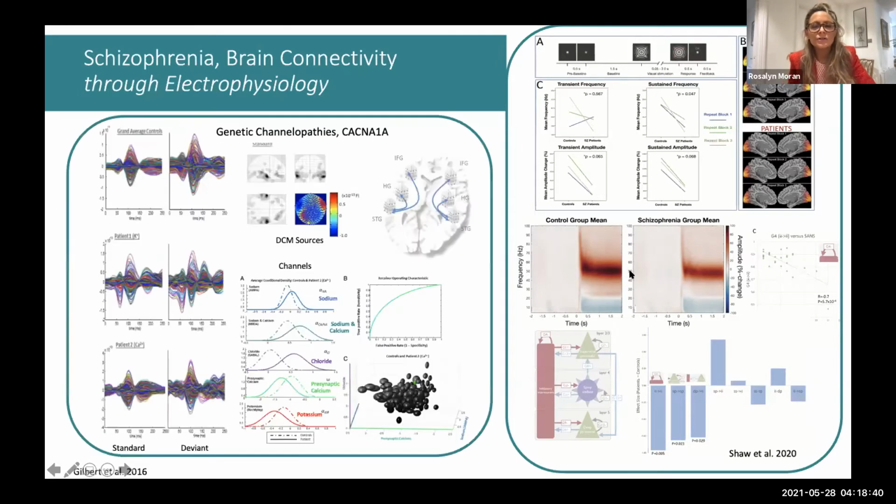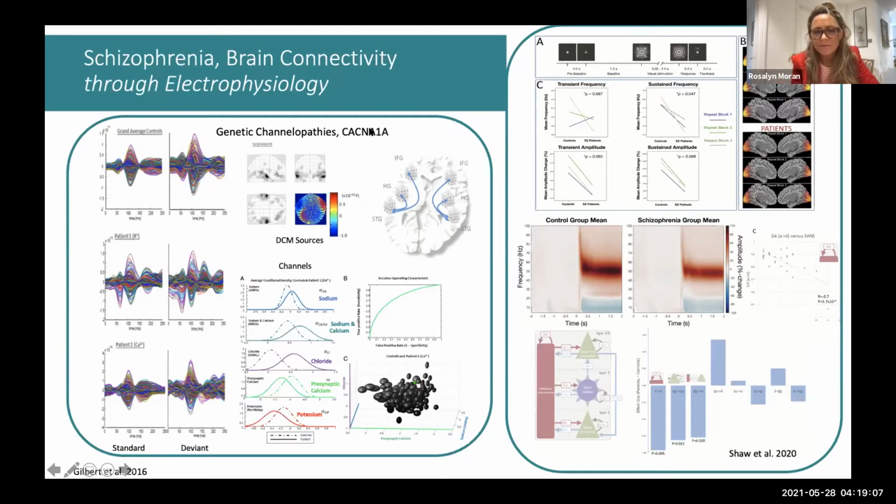And then just to link it back to try and justify using electrophysiology, or to try and think about comparing what you get from MEG in this case to fMRI, this is an example of a mismatch negativity paradigm not applied to schizophrenia patients, but applied to genetic channelopathies, patients with changes in potassium and calcium channels. And it's a CACNA1 family, but not the same family that is implicated in schizophrenia, though it sounds the same.